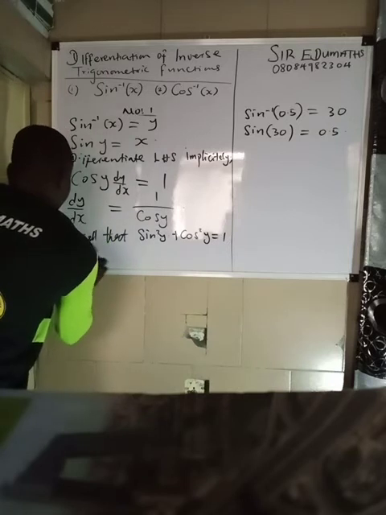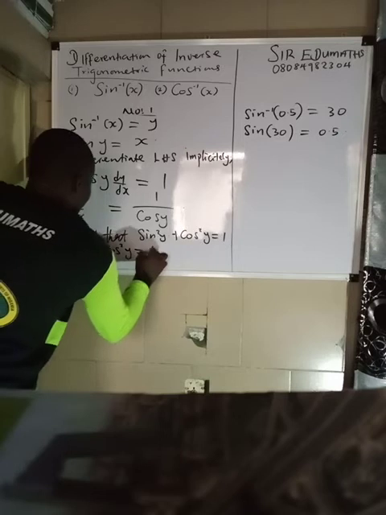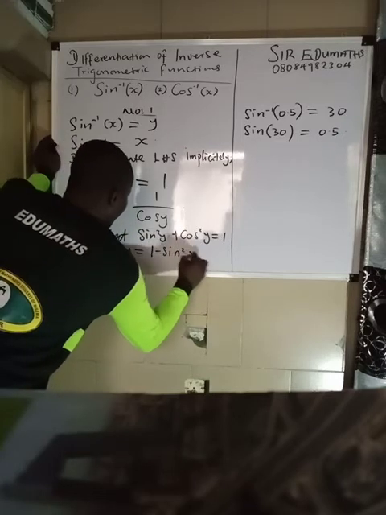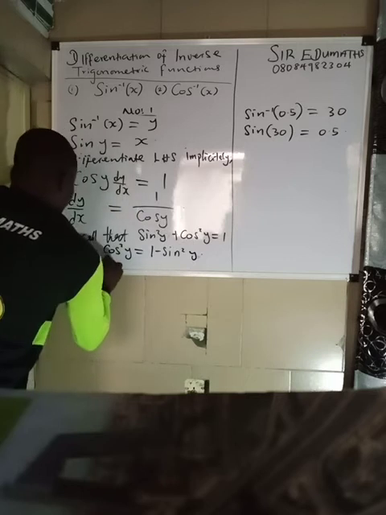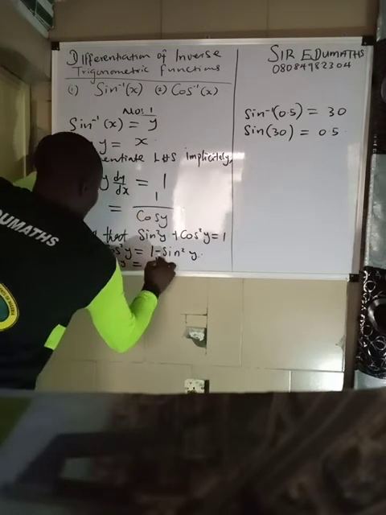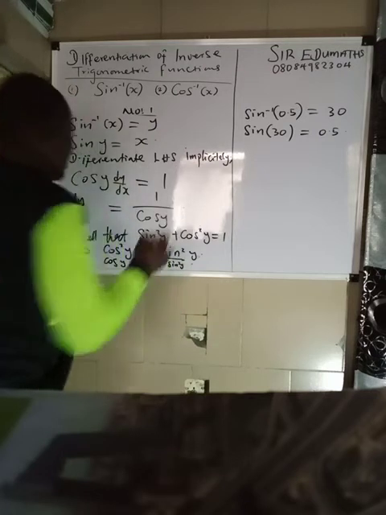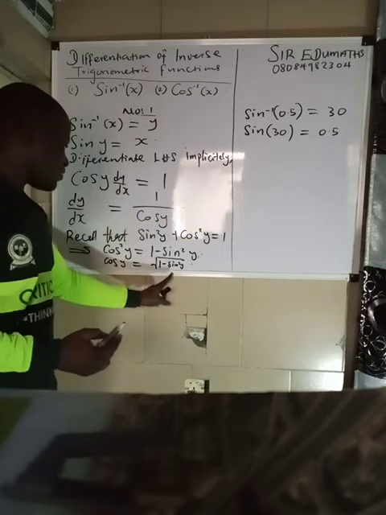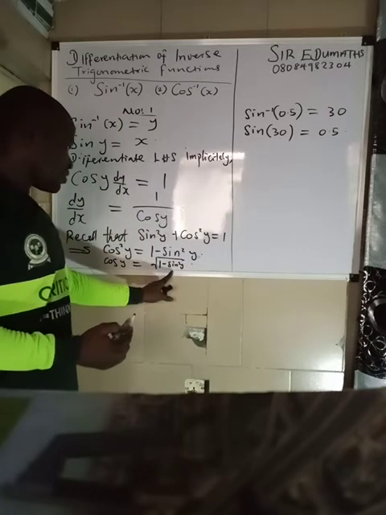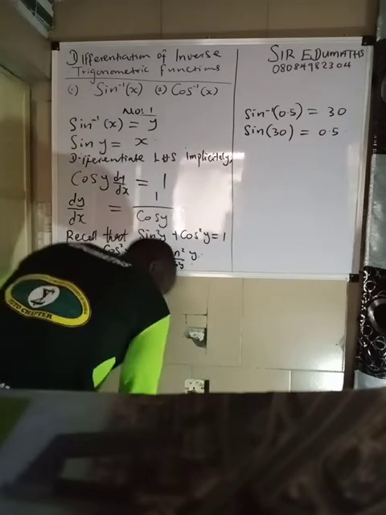So this implies that cos square y is equal to 1 minus sine square y. Okay? So from here, cos y is equal to the square root of 1 minus sine square y. Do you see how we have achieved that? Any place you see this, you put the square root of this. So from here, we now go up.